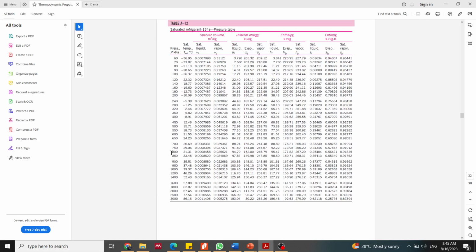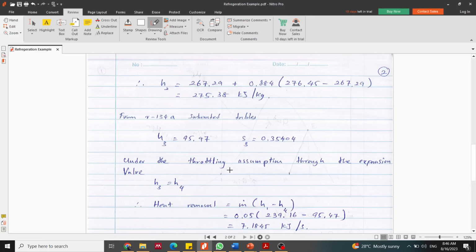This pressure is 800, and our value is the liquid, so the Hf value is 95.47. That is what we get here. In the same way we can find the S value as well.